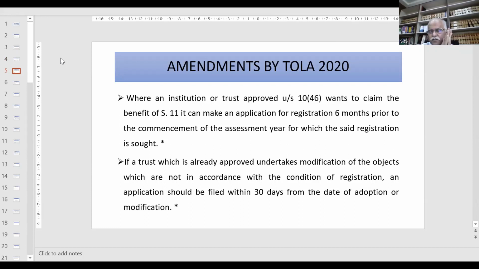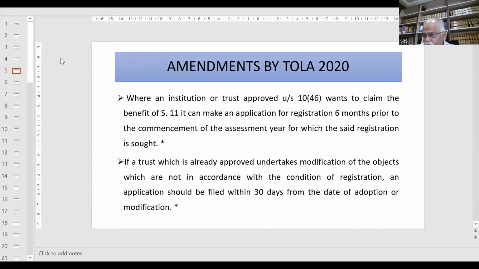So because section 11(7) would say that once you are claiming exemption under section 11, you are not entitled to claim exemption under section 10 in respect of any income except agricultural income. So you cannot claim a 10(46) exemption if you are also registered under section 11. So many institutions may prefer to be under section 10(46) and therefore continue to claim exemption under that section.